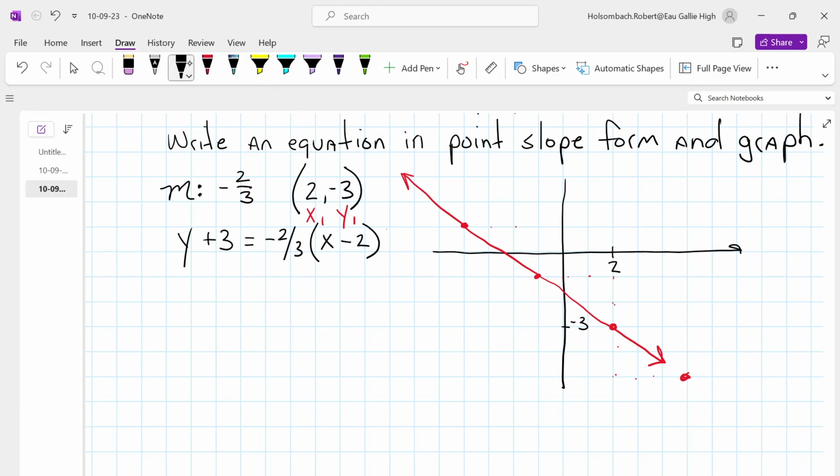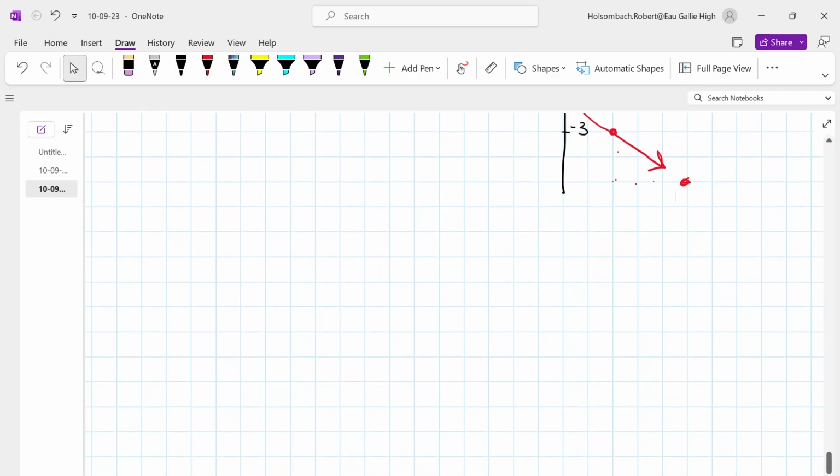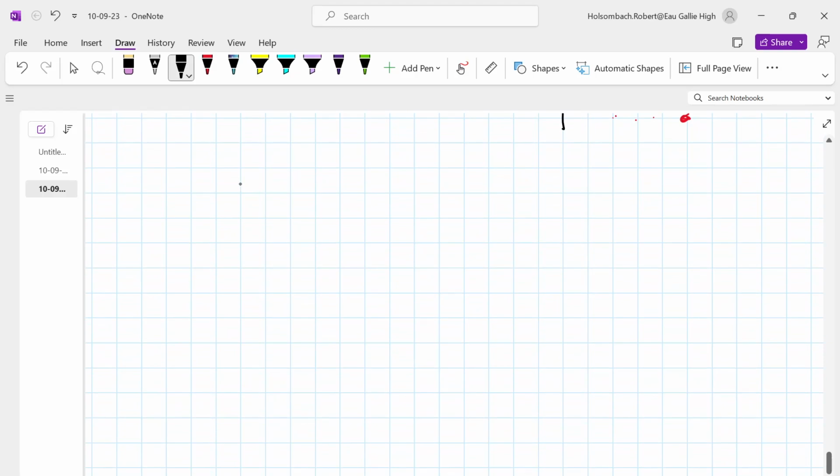All right, so let's do one more of these. Let's take a slope of 1/3 and a point at (-3, -4).